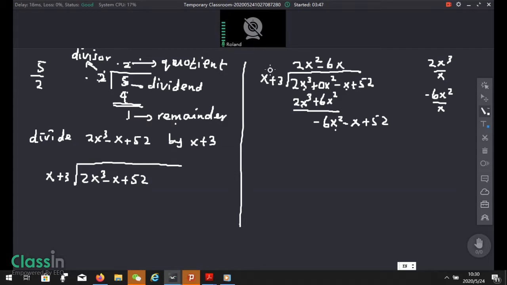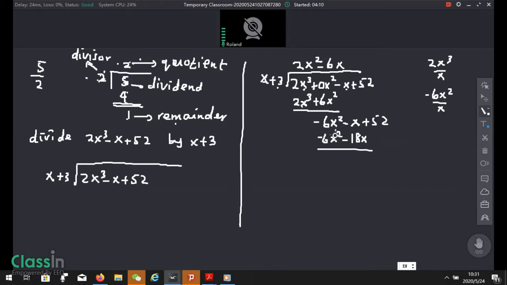Then we multiply x plus 3 by negative 6x. If we multiply x by negative 6x, we get negative 6x squared. If we multiply 3 by negative 6, we get negative 18x.